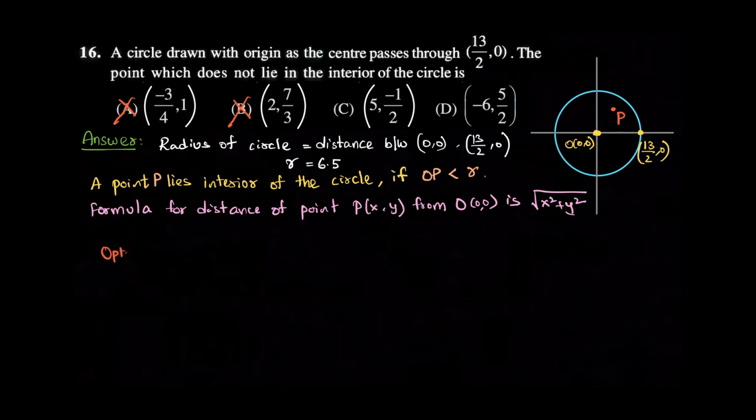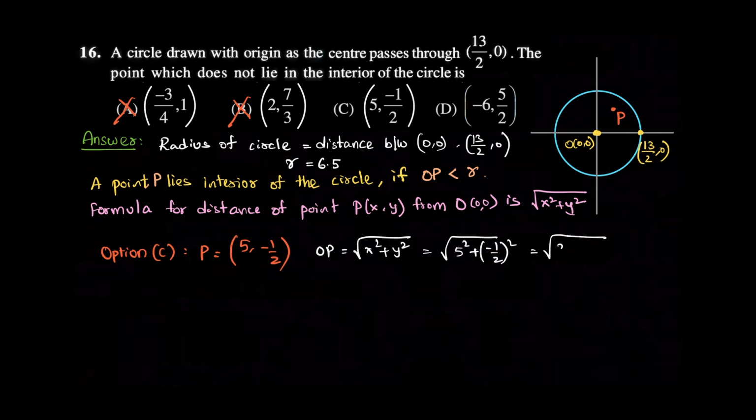Now let us check option C, where the point P is equal to (5, -1/2). OP is equal to root over x square plus y square, which is root over 5 square plus (-1/2) whole square. That is root over 25 plus 1/4.